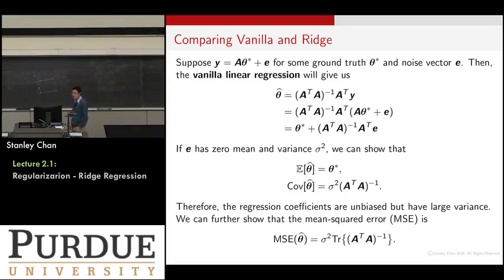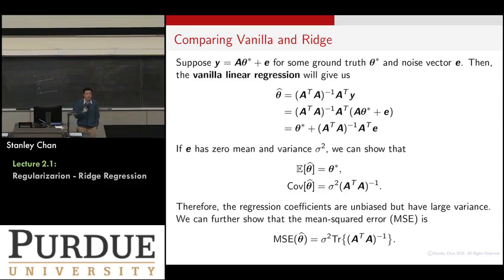Okay? And so you can further show that the mean square error, which is the sum of the bias term and also the variance term, something that we will come across later, is actually the trace of this inversion matrix. All right. So this is the problem of the vanilla linear regression. If you have linearly dependent columns, you just try to invert that without using any pseudo-inverse tricks, that would be the problem.